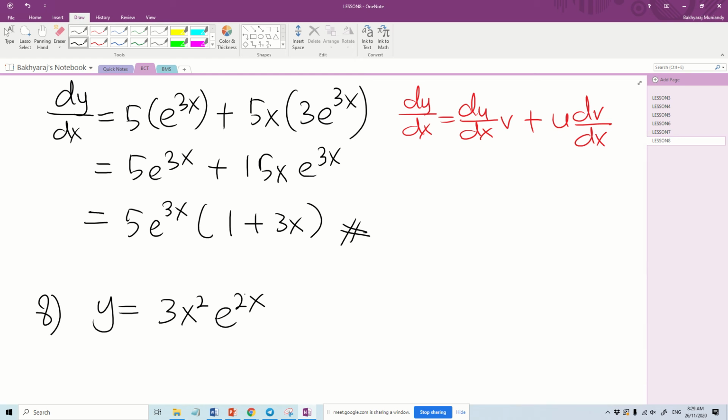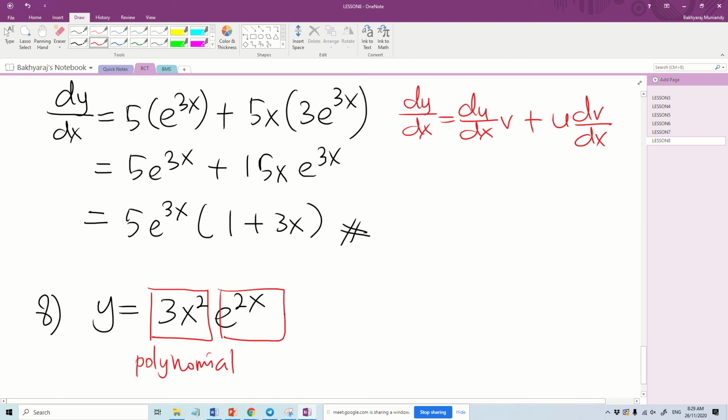Okay, so you finish number 7, continue with number 8. Again, number 8 is the same: we have a polynomial and we have an exponential. Since there is a combination of more than one function, we must use the product rule.